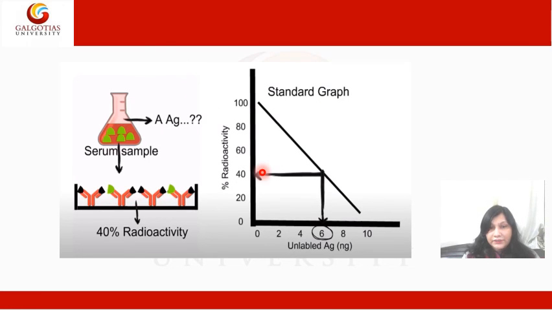Now, by using this standard graph, you can easily find out that the radioactivity decreased to 40% when the concentration of A antigen is 6 nanogram per ml.